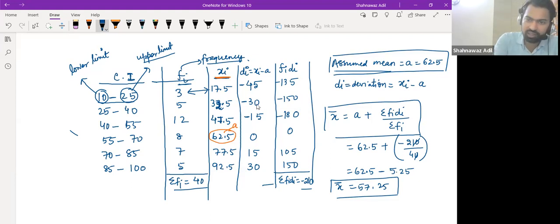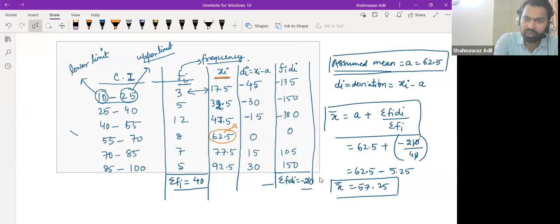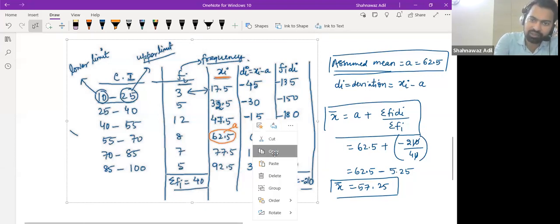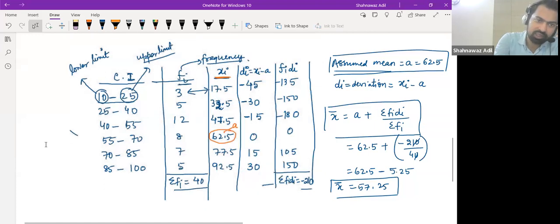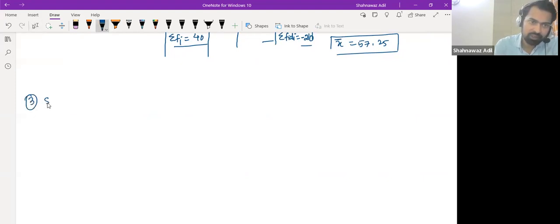So this was about the assumed mean method. Now let us understand the last method to calculate the mean, and that is the step deviation method. So we can further simplify our calculation. The whole idea is to simplify the calculation, right? So the third method is the step deviation method.